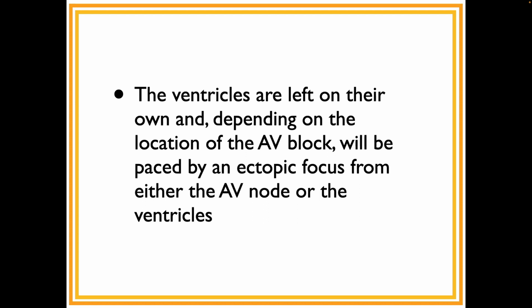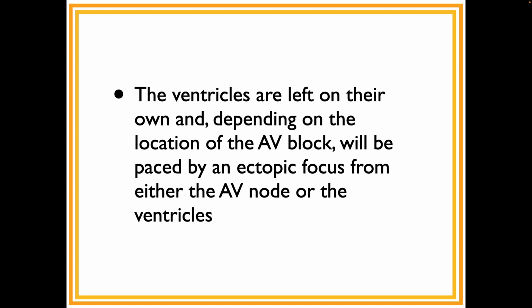If the block is here, the impulses come down, stop there, and now below are just the ventricles, okay? So the only way to pace the ventricles has to be someplace within the ventricles, right?